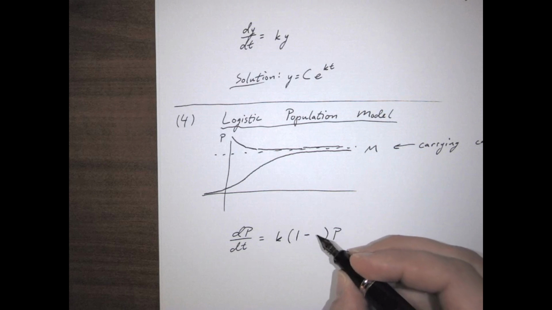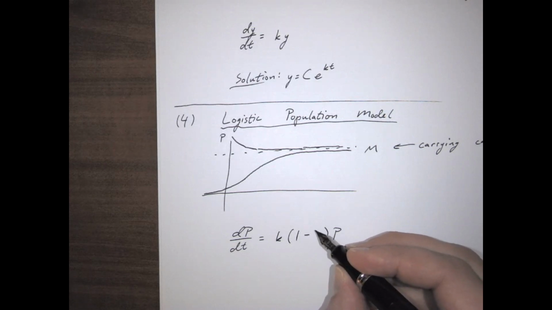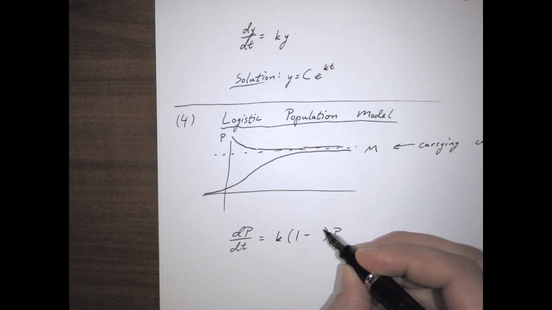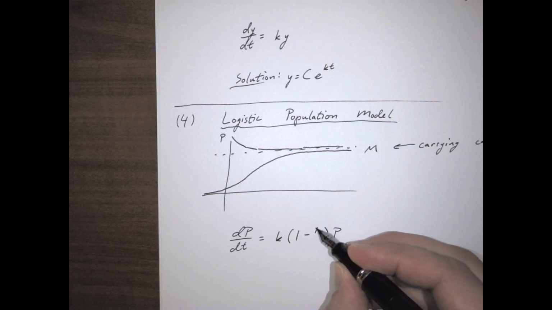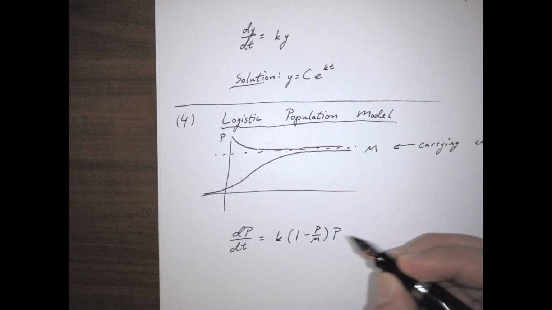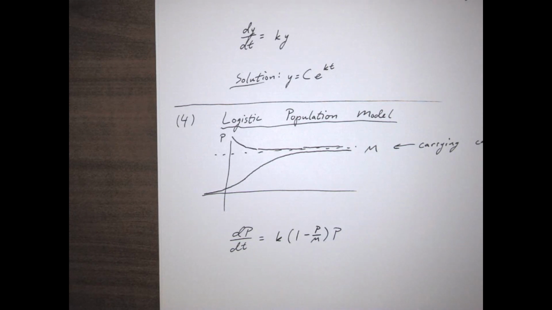Then as it gets closer and closer to the carrying capacity, this gets closer and closer to 0, so the population growth levels off. So we're going to have P divided by the carrying capacity. This is the differential equation for logistic population growth.